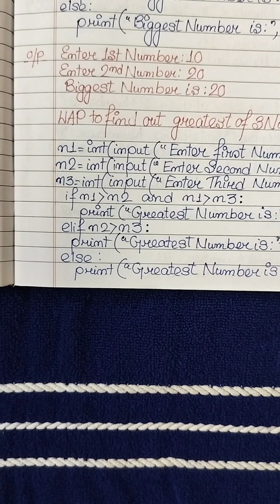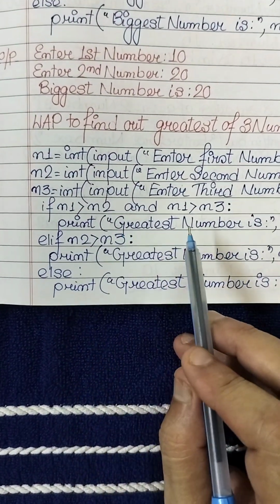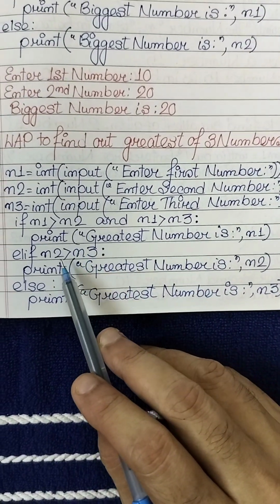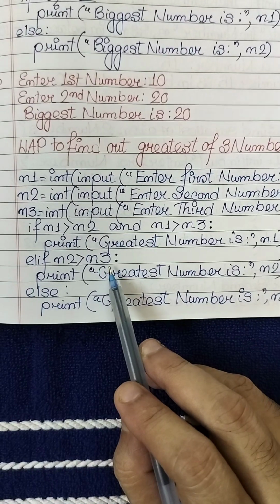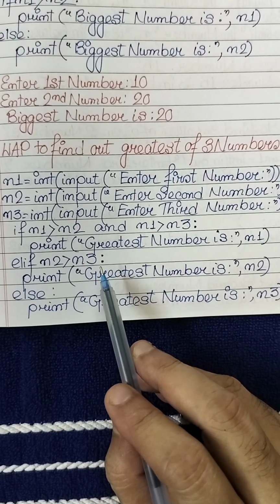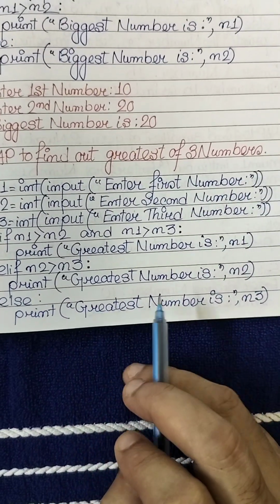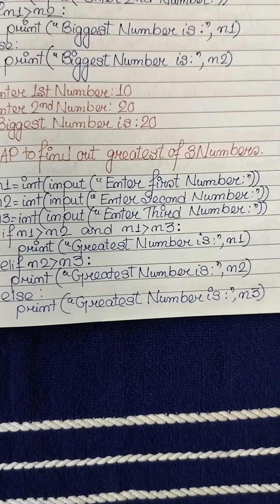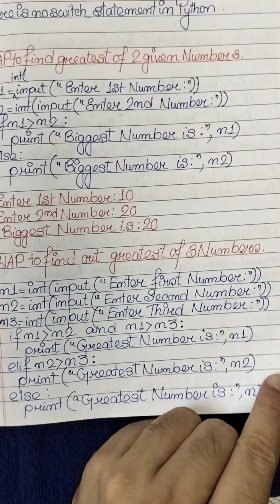So 10 is not greater than 20 and 10 is not greater than 30, so n1 cannot be the greatest number. Is n2, which is 20, greater than 30? No. So n2 will not be printed. Then at the last else part, greatest number is n3, because n3 is 30, which is a greater value than 10 and 20.